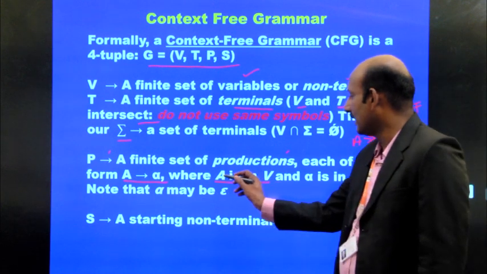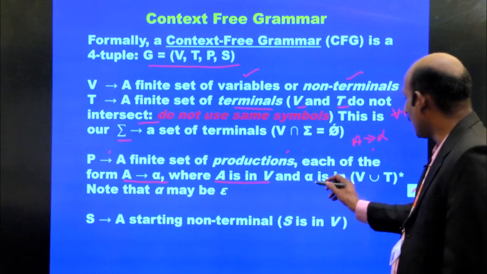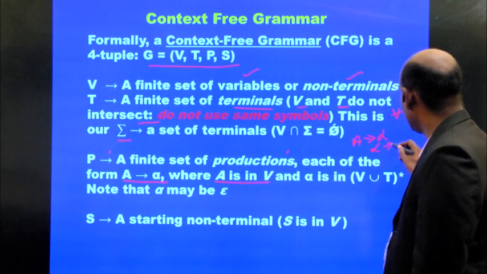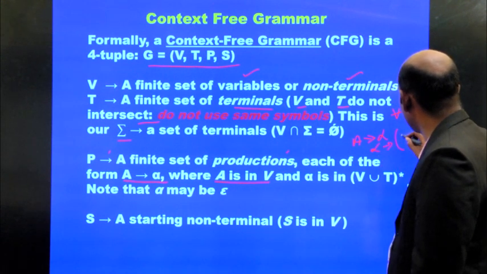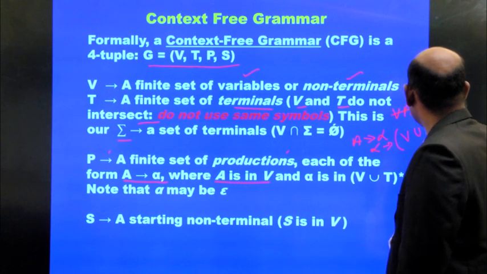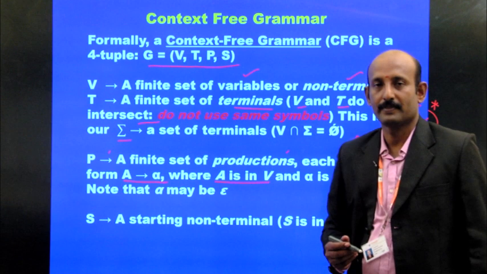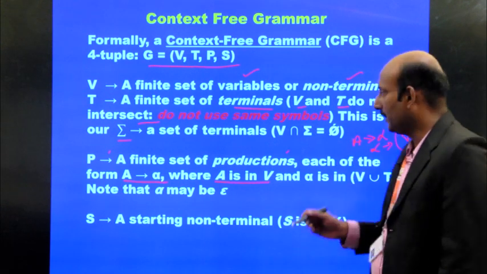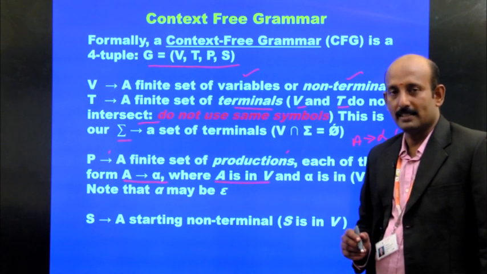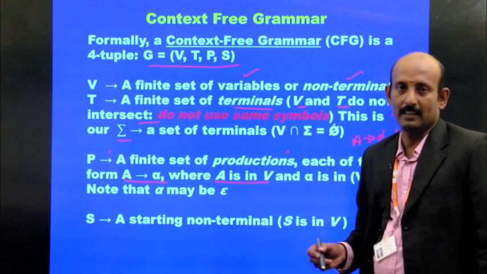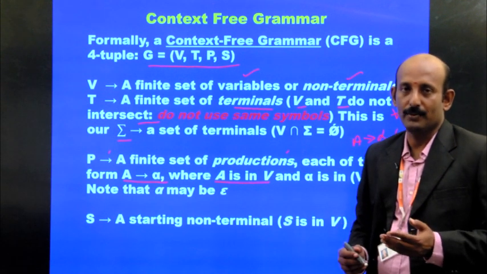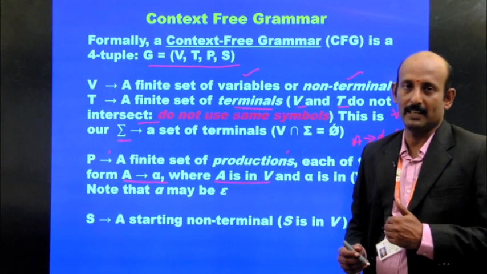Alpha is in (V union T) star. That means we may have any number of variables and terminal symbols, that is, 0 or more occurrences of variables and terminals.